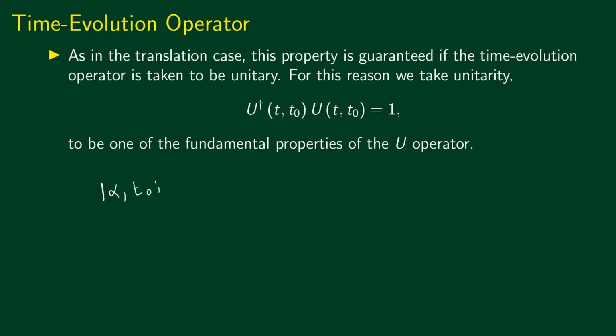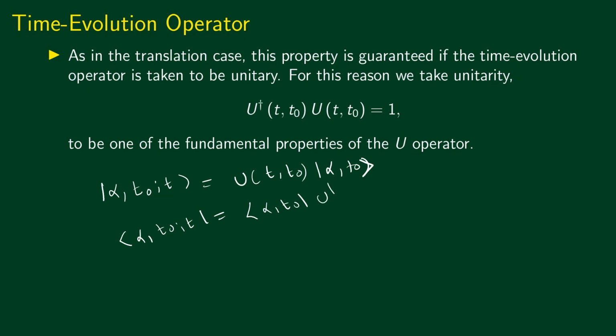Ket alpha comma T0 at time T is equal to U of T comma T0 acting on ket alpha comma T0. This means that bra alpha comma T0 at time T is equal to bra alpha comma T0 and then U dagger of T comma T0.